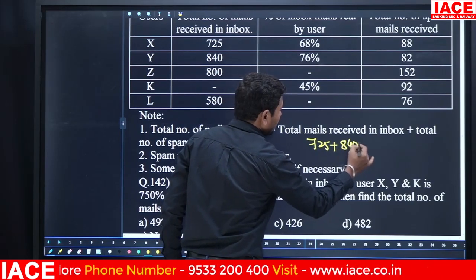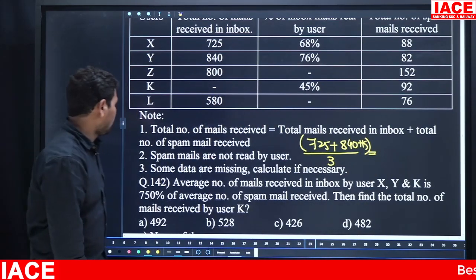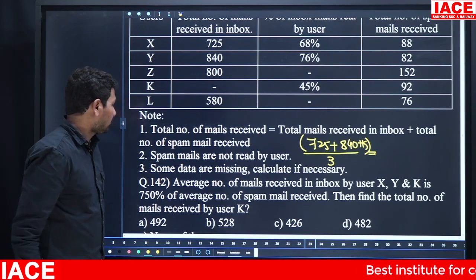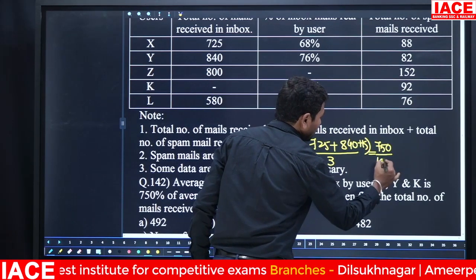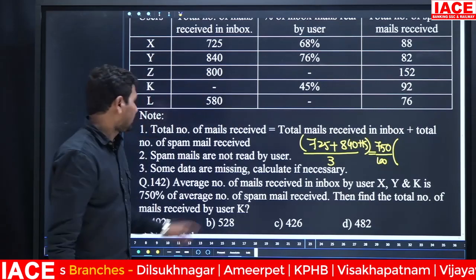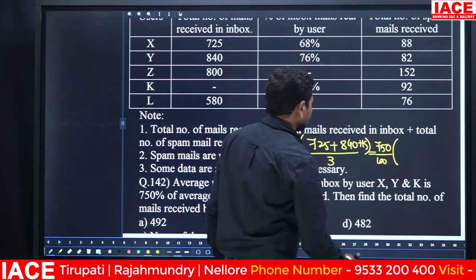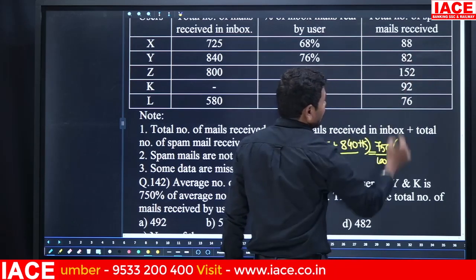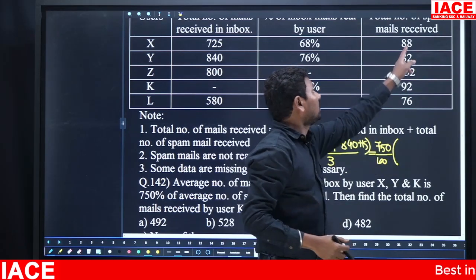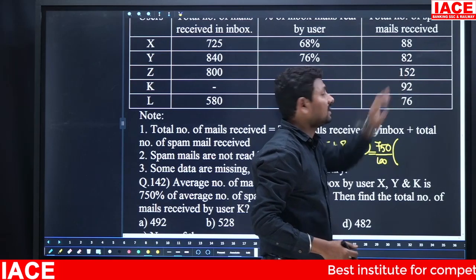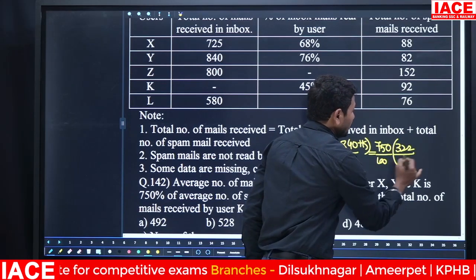So 720 plus 840 plus K, divided by 3, is equal to 750 by 100 of the average number of spam mails received by X, Y, K. Here 90 plus 80 is 170, and 170 plus 92 is 262, so the value is 262 by 3.